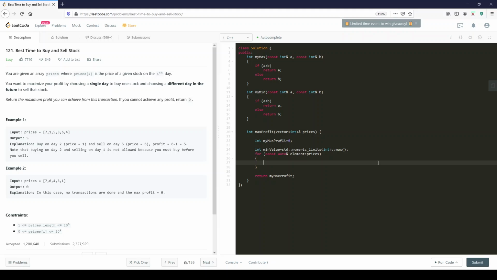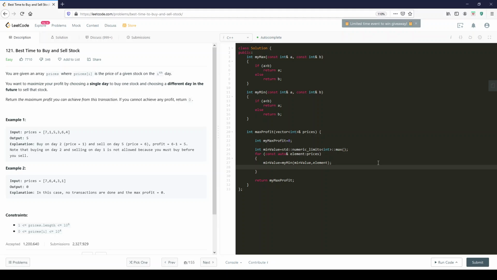Now let's see. So min value equals my min of min value and the current element. So we're always going to get the smallest value. Let's just fix that.